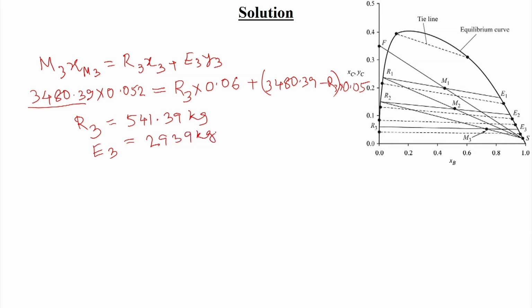Now we have x1, y1, x2, y2, x3 and y3, and R1, R2, R3, E1, E2, E3.